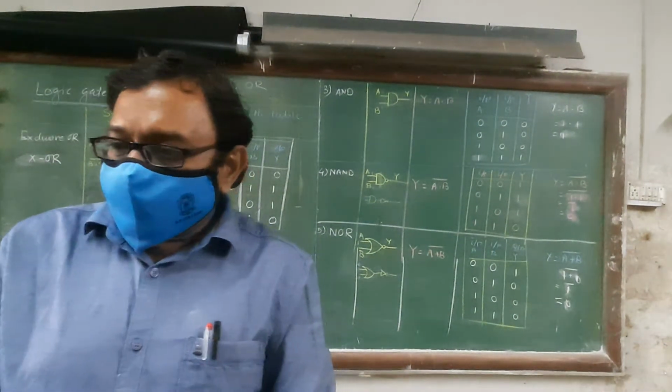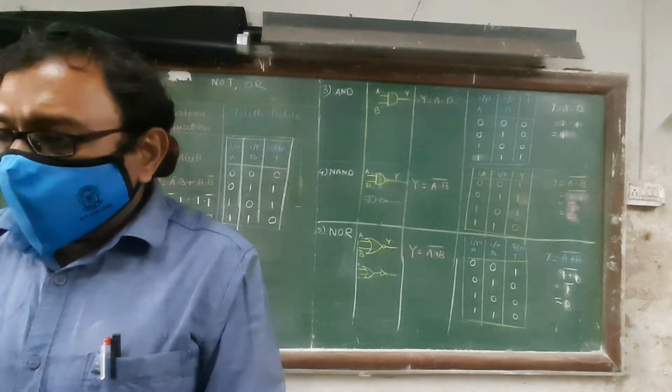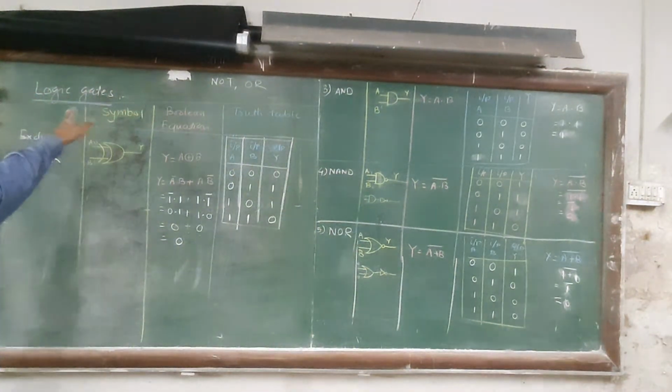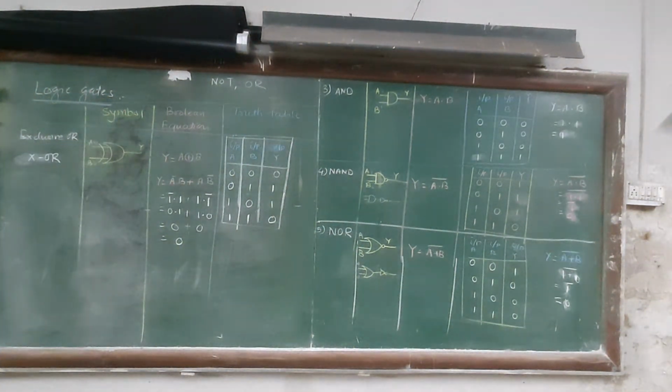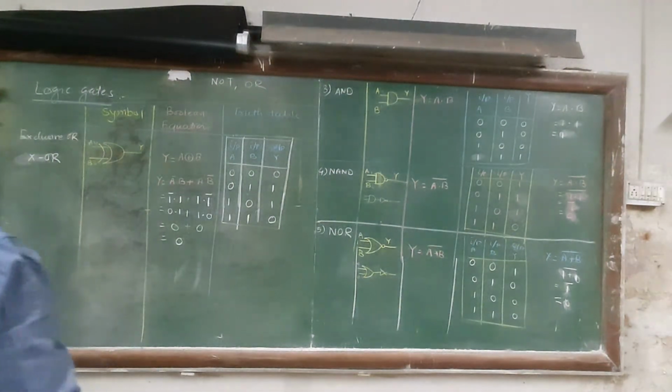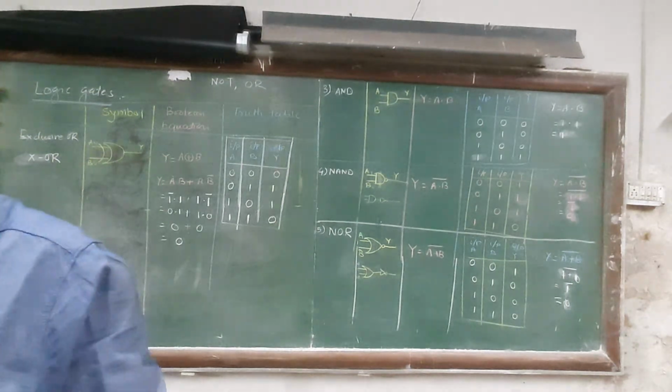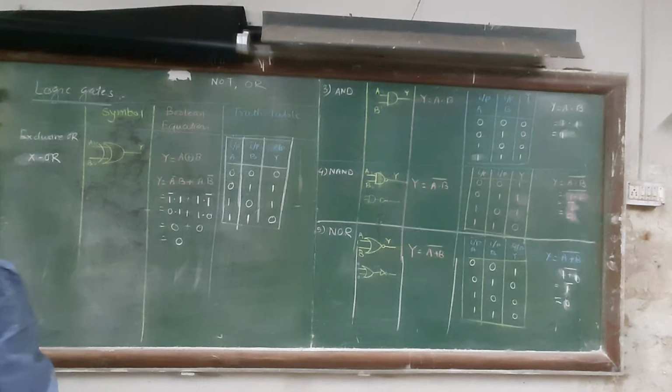Before discussing those questions, we discuss one section, that is its uses. Where are these logic gates used? These logic gates are used in microprocessors as well as microcontrollers, where we have to control all the outputs. Also in embedded systems and in applications in electronics as well as electrical projects, where we require a desired amount of output.